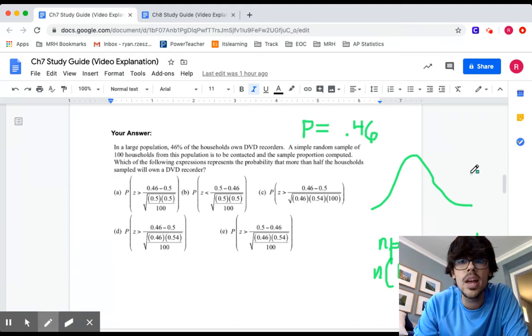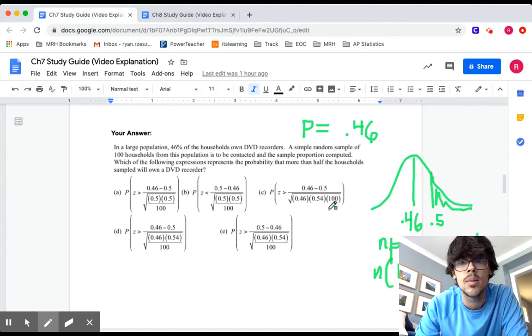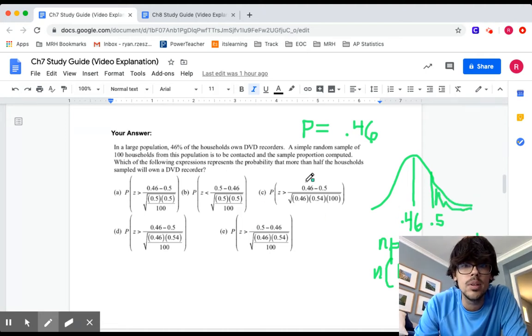So first of all, they ask for the probability that at least half are going to be owning a DVD player. So my mean is the 46%. Half would be 0.5, that's going to be above it. And they want at least half, which is this area right here. So we want a probability that z is greater than, because it's a greater than probability, meaning that I can cross off that choice right there.